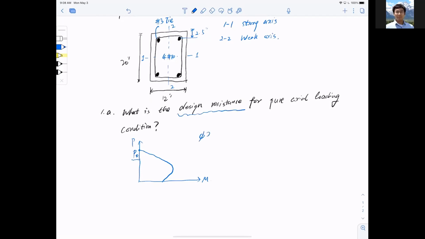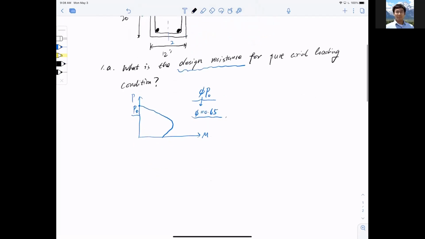We're looking for phi P naught. There's a design factor here, phi. We'll talk about this in detail, but since it is pure compression, a compressive member, phi should equal 0.65. But let's continue. That's number 1A: find the pure axial loading condition.